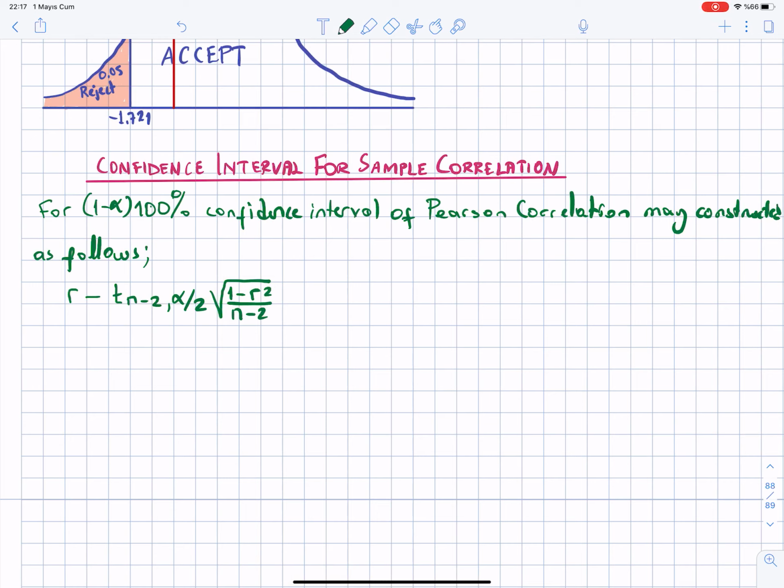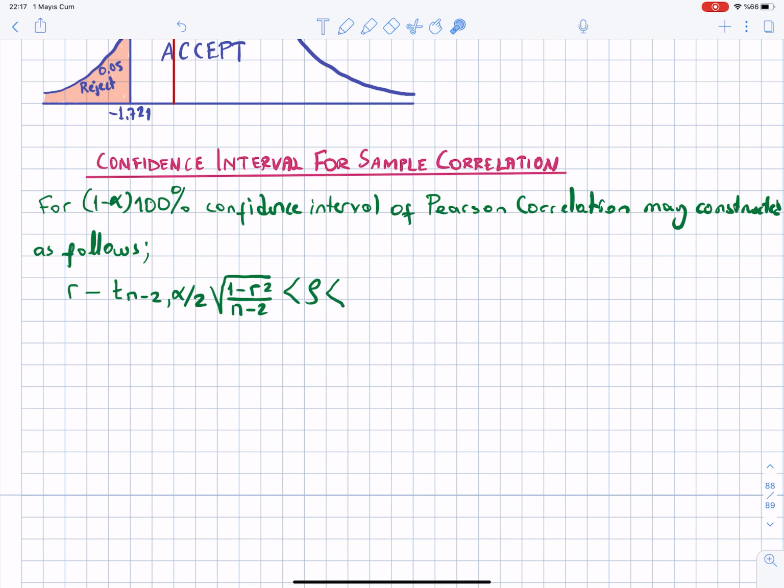That's the lower bound for the confidence interval for the population correlation coefficient. For the upper bound, the only difference is that the negative sign becomes positive.